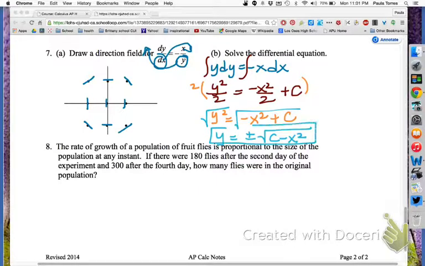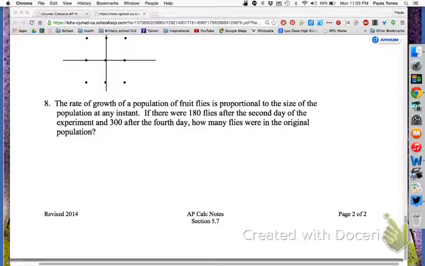Okay, before I do problem 8, again, I want you to pause the video and see how far you can get by yourself. So, since I know it's a growth problem, I'm using my formula for population growth.